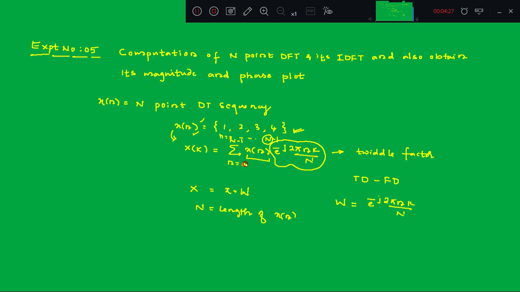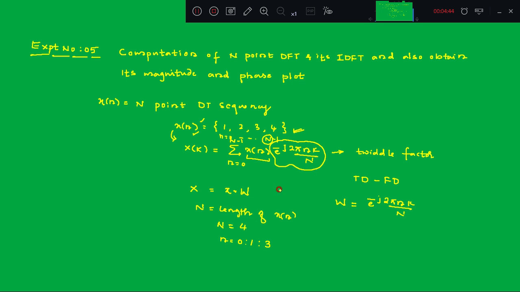And for this sequence, what is N? N is equal to 4. So n varies from 0 in steps of 1, incrementing by 1 up to N minus 1. So capital N is 4, so 4 minus 1 is 3.